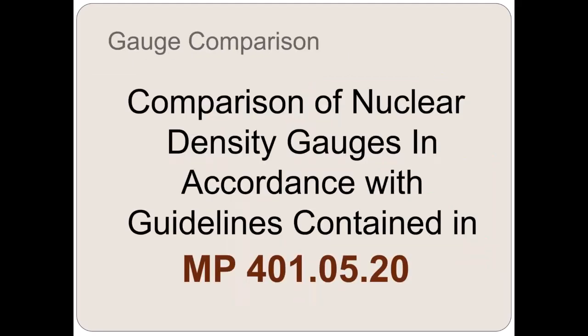Something that we haven't done as common practice, but with this procedure, with this specification, is the comparison of nuclear density gauges. And it's outlined in 4010520. It's also outlined in the spec.